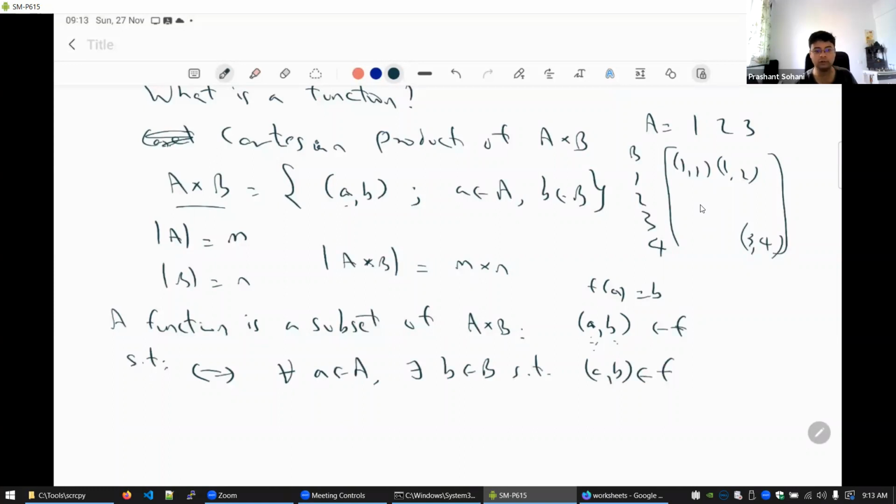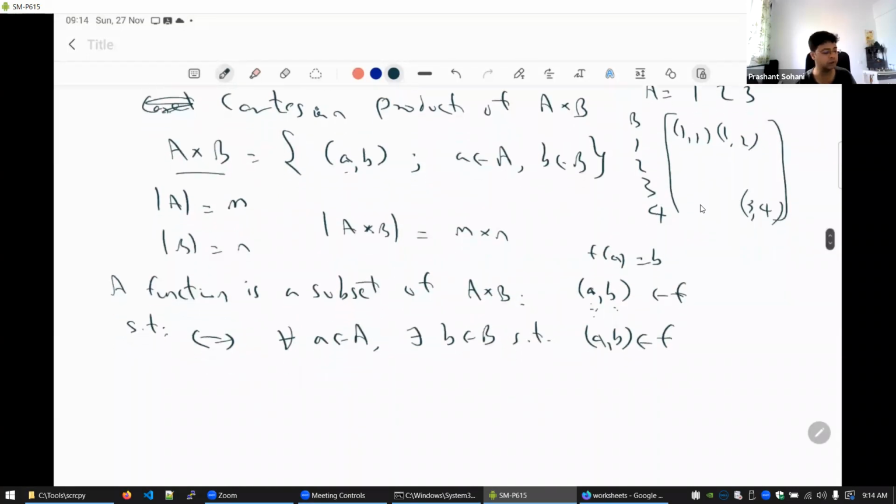This will ensure that any value you pick from the first set, there will be at least one element in that Cartesian product which is represented in our function. And not only that, it has to be unique. So this exclamation mark means unique. So there exists a unique element of B such that a comma b belongs to f. Okay, I hope everybody understands the definition.